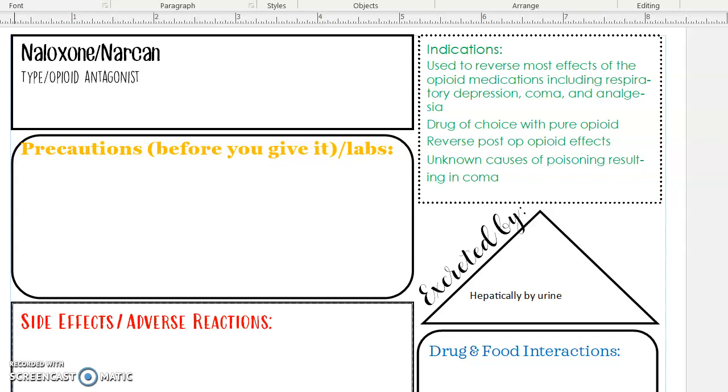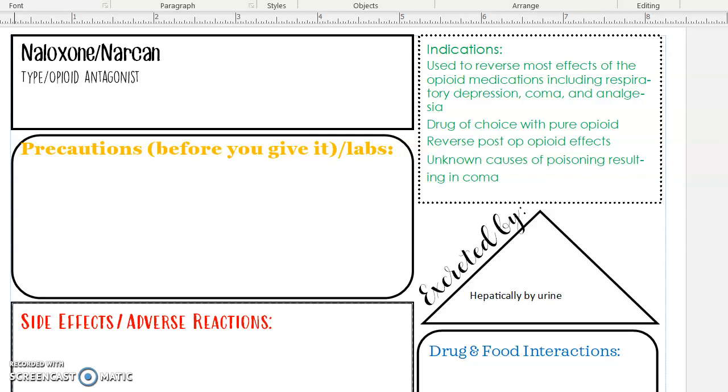If there is no response, additional doses may be given every 2 to 3 minutes until emergency medical services arrive. The auto injector is a cartridge containing 1 dose of naloxone that is delivered to the muscles or the skin of the outer thigh. The cartridge uses an electrical voice instruction and blinking lights to help guide the caregiver through proper administration. So remember, with the nasal spray, additional doses may be administered every 2 to 3 minutes until additional medical support arrives, but the auto injector is 1 dose.